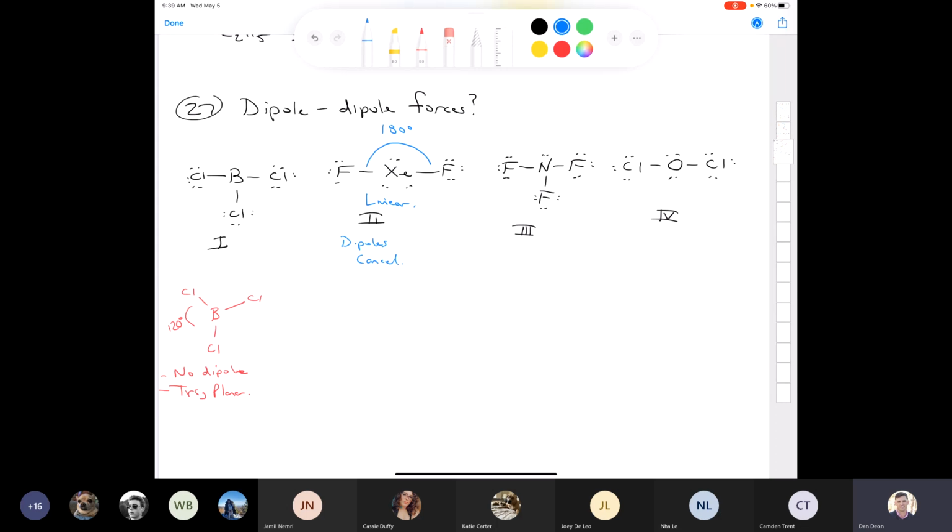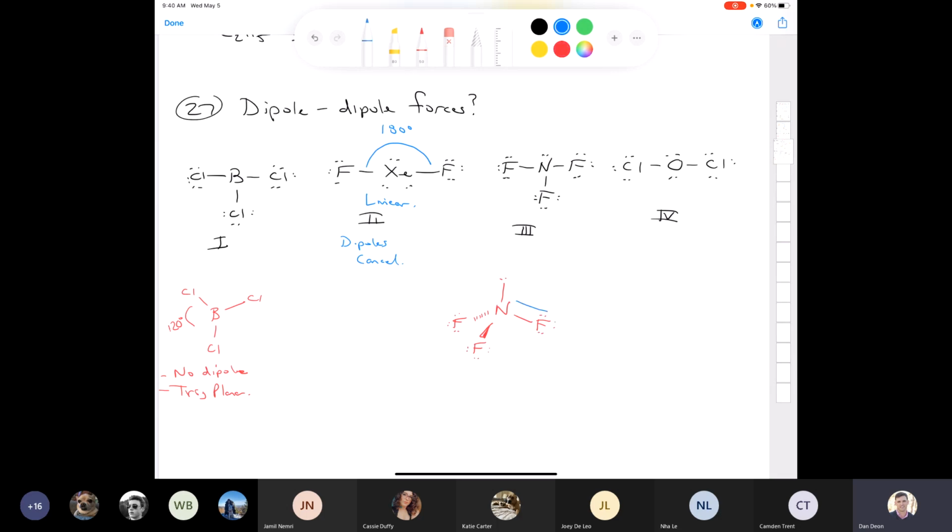So let's take a look at the next one, which is nitrogen trifluoride. Now, if we redraw nitrogen trifluoride, we have those 4 regions of electron density. We got a lone pair and 3 fluorines. So one of the fluorines we're going to draw on the back, another one we'll put out in the front, and the other one in the plane of the screen, like that. Are there polar bonds in this molecule? Heck yeah.